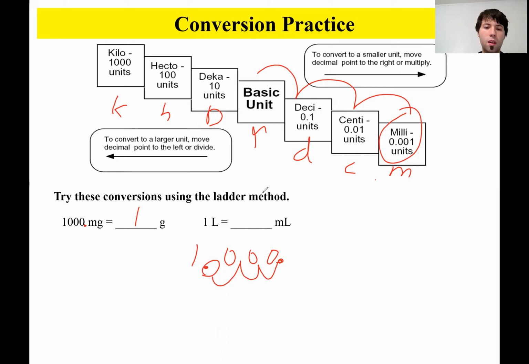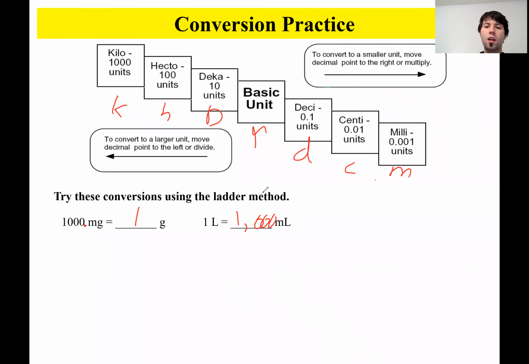Well, this is going to be 1000, which makes sense because that little m means 1000. So yeah, 1 liter should be 1000 milliliters. Okay. Let's see if we can try a harder one. Here we go. 160 centimeters equals how many millimeters?